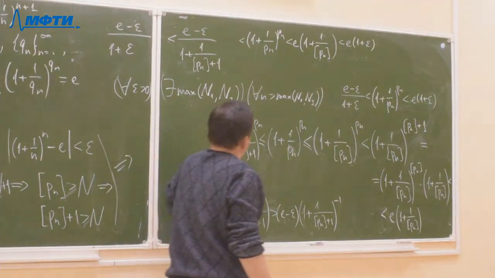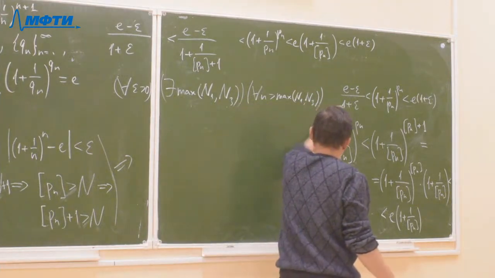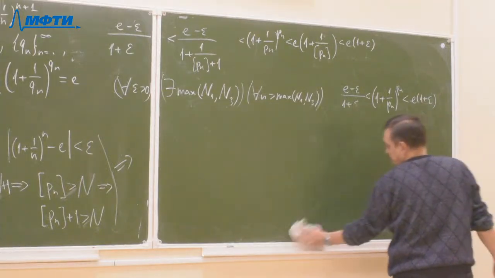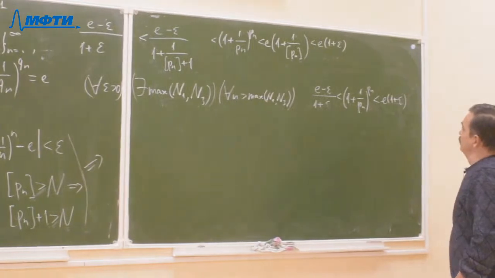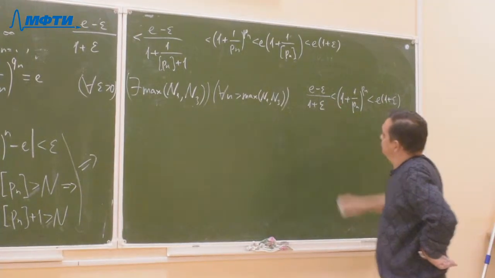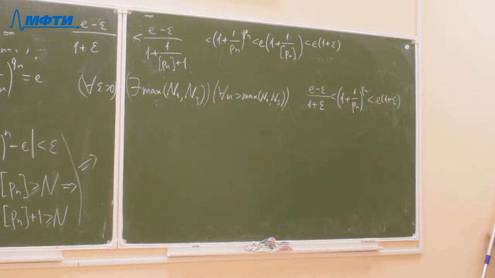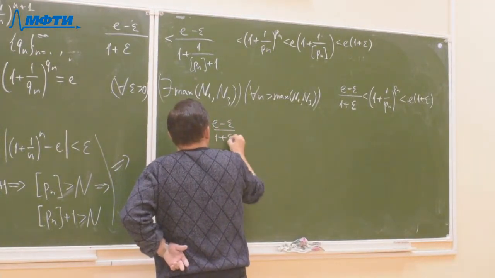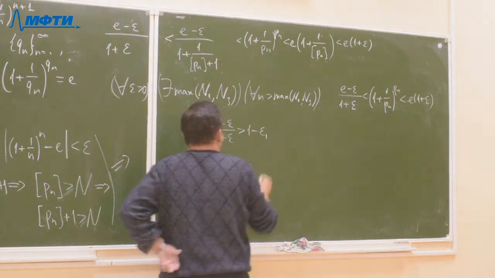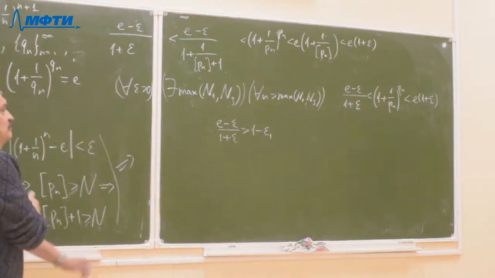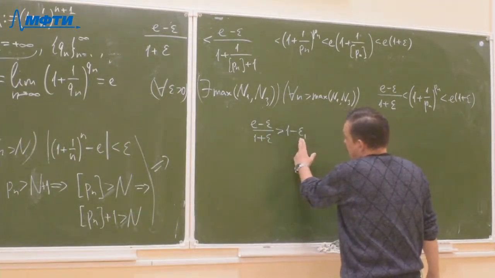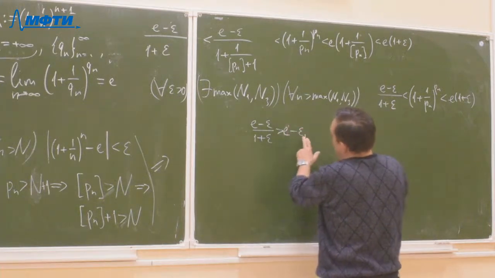And look, what is it? (E minus epsilon) over (1 plus epsilon). I claim that (E minus epsilon) over (1 plus epsilon) is greater than E minus epsilon 1.